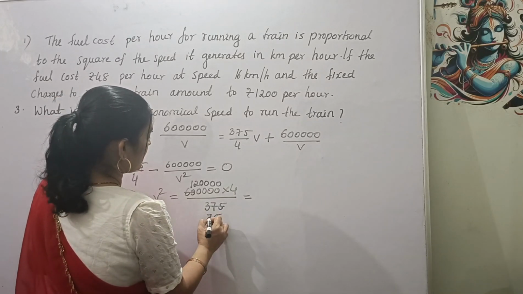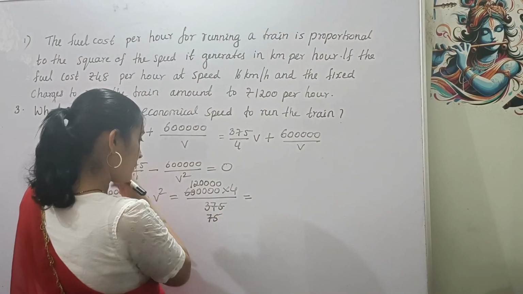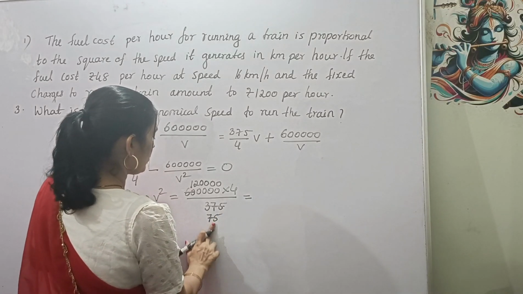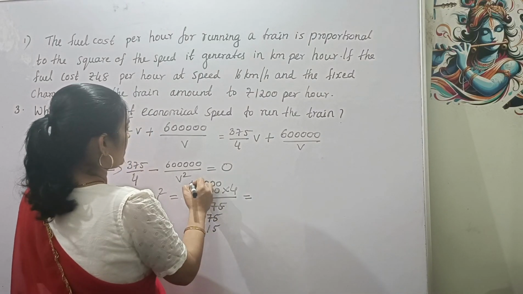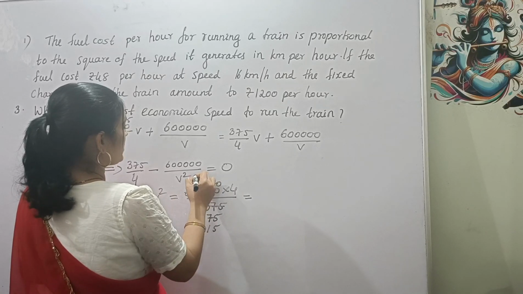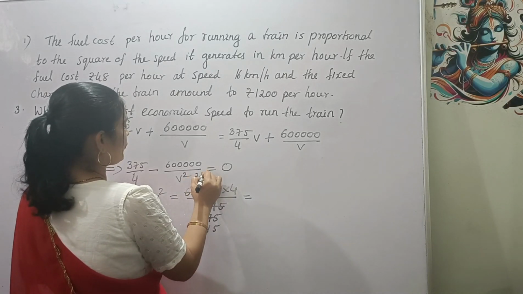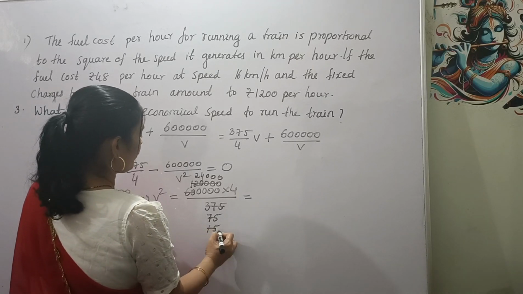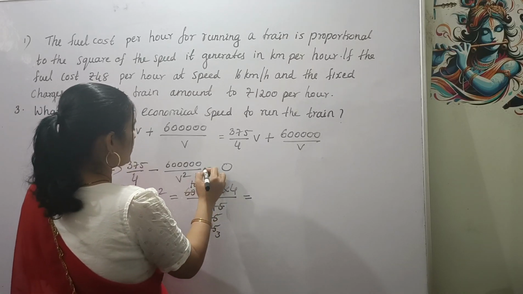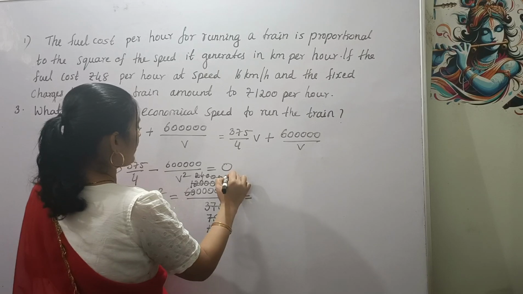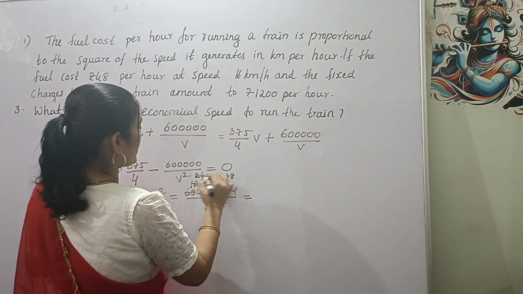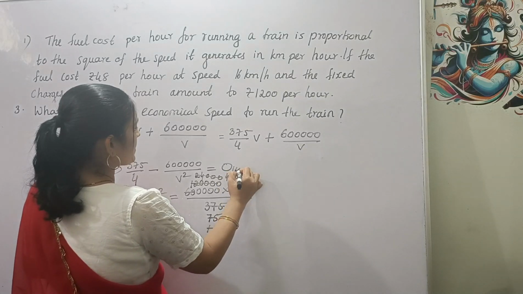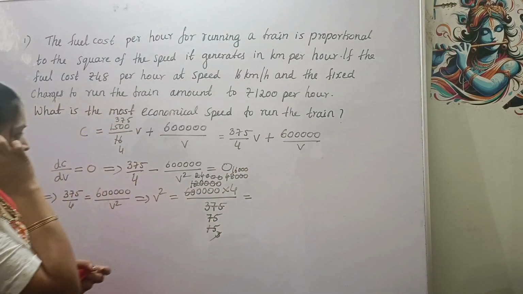Next, 5 15s are 75, 5 4s are 20, and again 3 cancelled, so we get 16,000.